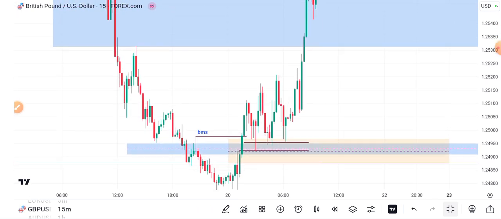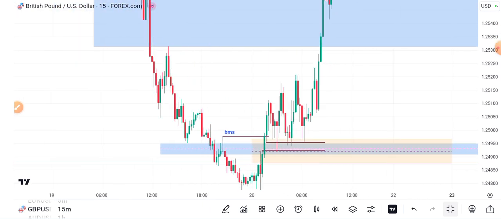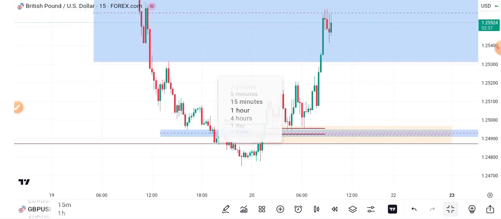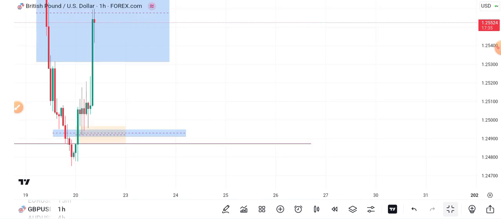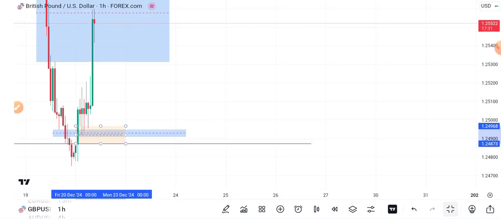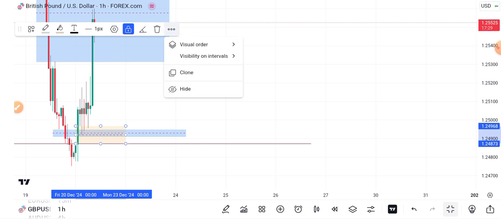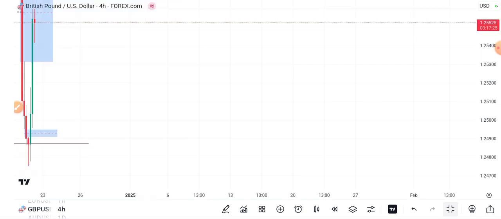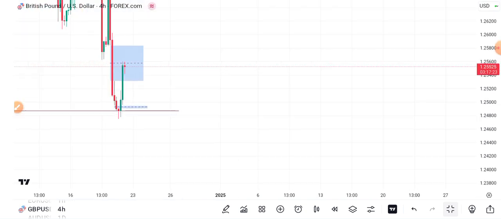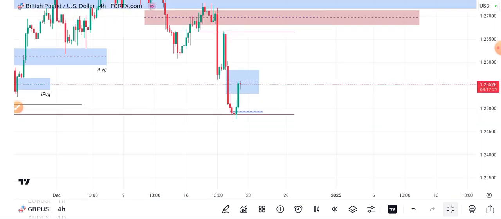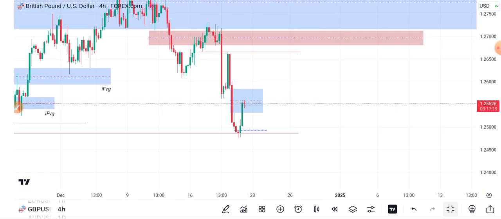So can you see? The first thing, the market has been in a downtrend. Price has been in a downtrend, and on the 4 hours, price has been making higher highs and higher lows. Can you see that?